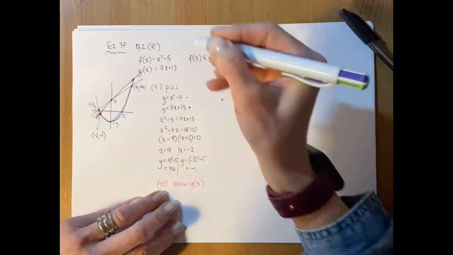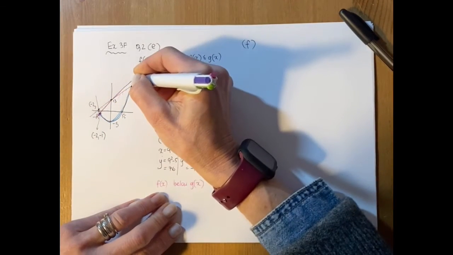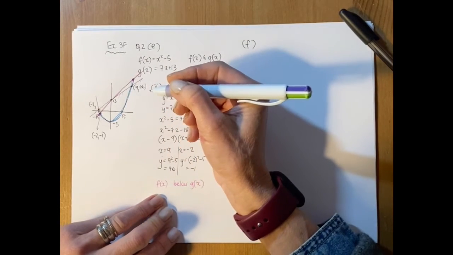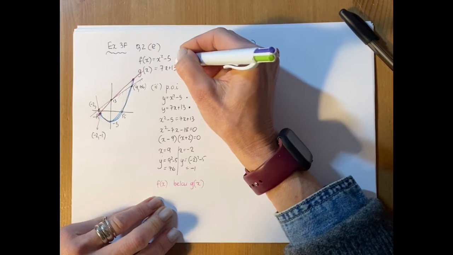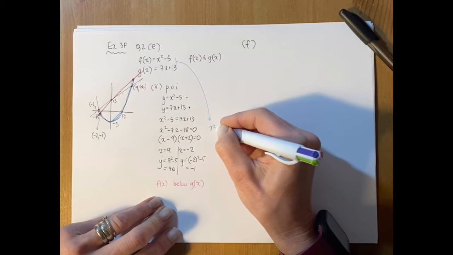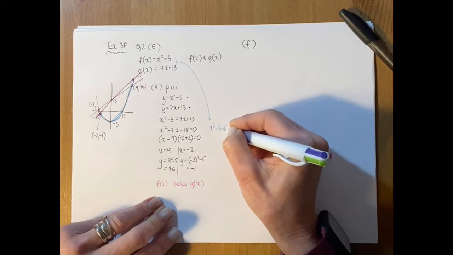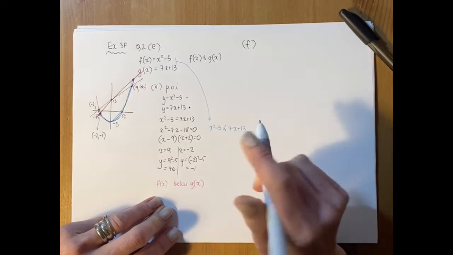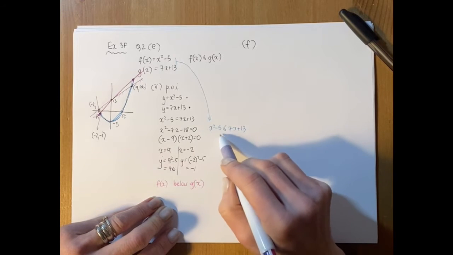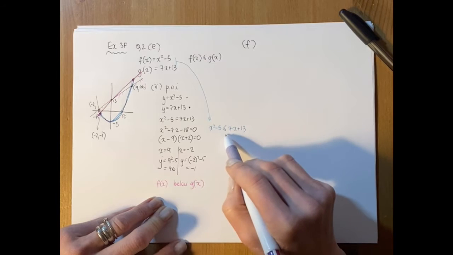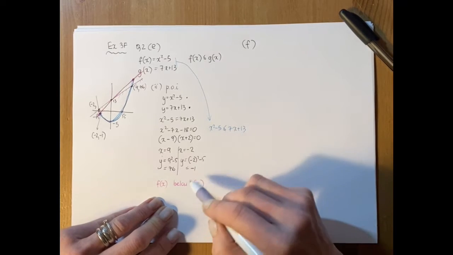The solution to this inequality will be represented by stating all the values of x when it happens, because what we are asking here is when is x squared minus 5 less than or equal to 7x plus 13. And if you rearrange it and make it into a quadratic, you can pop it into the calculator and find the solution to check whether you are right or not.